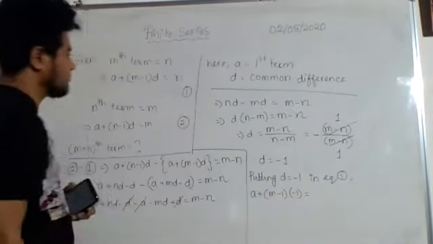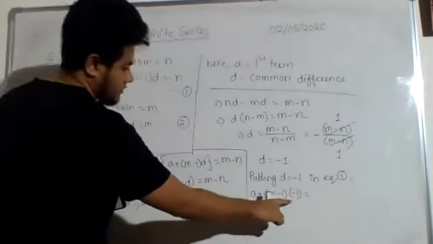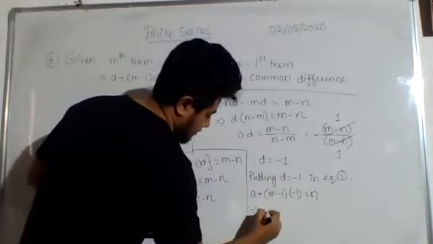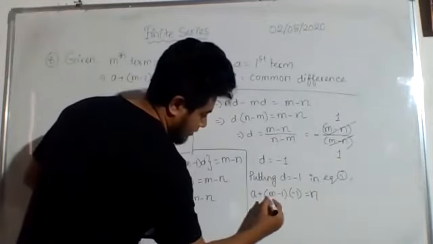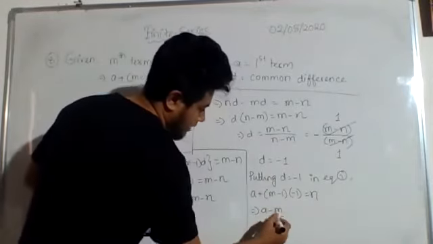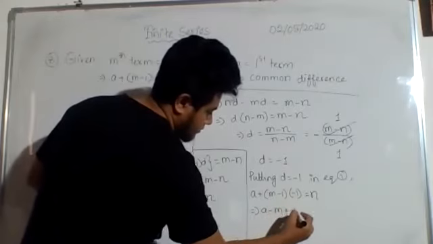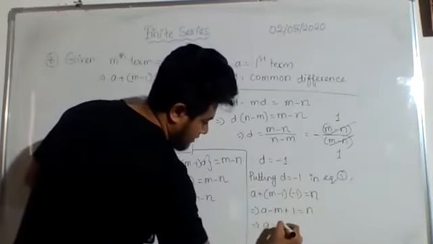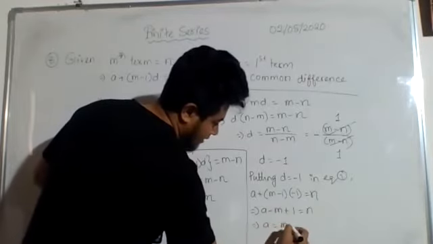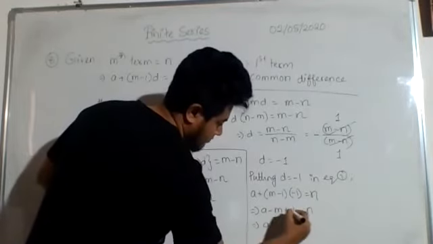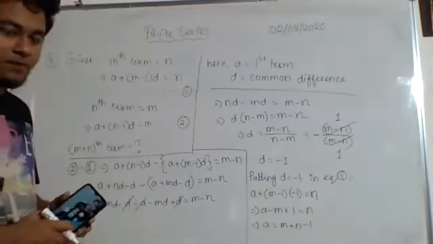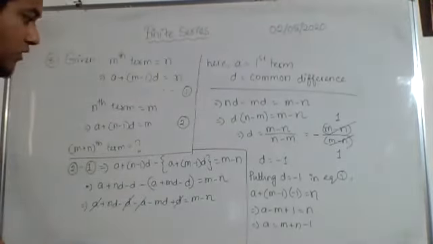So in place of d, I put minus 1, and on the right hand side we have n. So a minus 1 into m will become minus m, minus a minus a plus 1 is equal to n. So a will be equal to minus m becoming plus m, then n is plus, and plus 1 will become minus 1. This is the value of a. So we found the value of a and d.